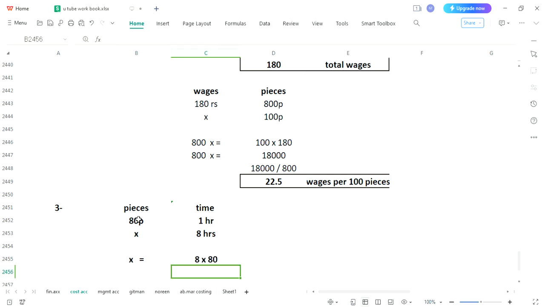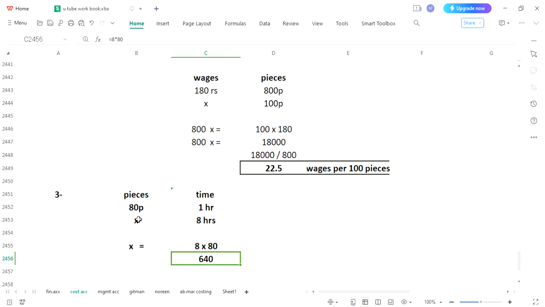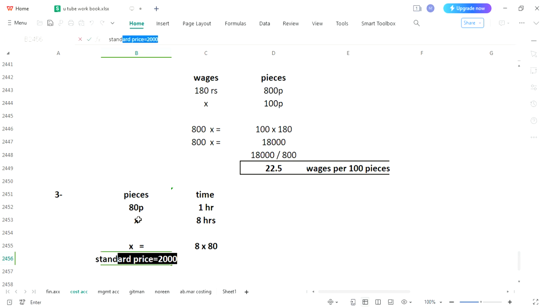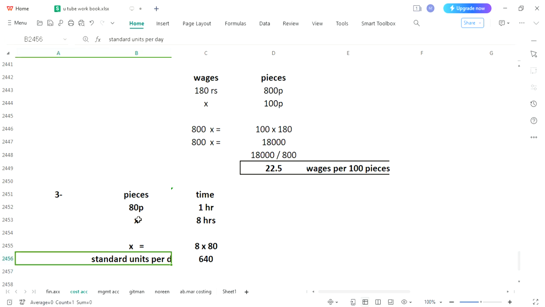So simple, we can directly calculate 8 multiplied with 80, we have 640 units. What we have calculated is these are standard units per day. Standard units per day we have calculated, and that is 640.